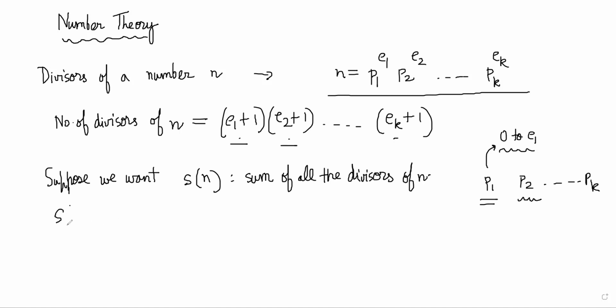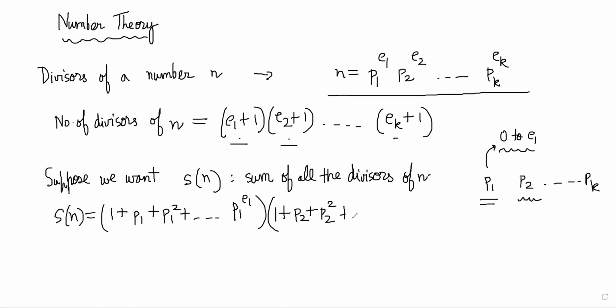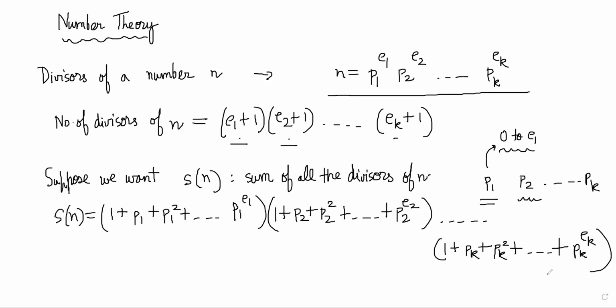S of n will be simply add up all the powers here, 1 plus p1 square till p1 power e1, then multiply 1 plus p2 square, so on till p2 power e2, and so on till 1 plus pk square till pk to the power ek, right? So this entire product will give us the sum of all the divisors.